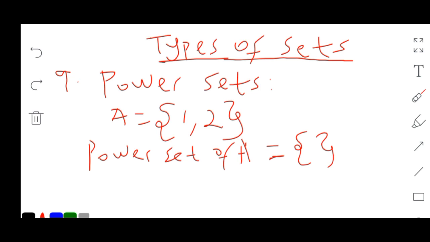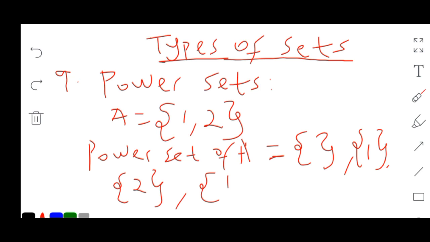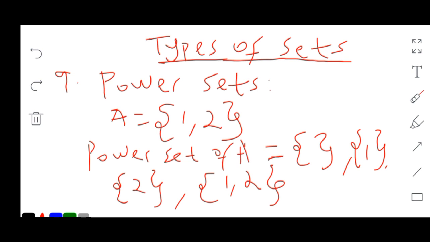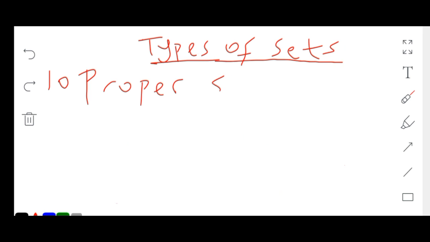That will be the empty set, comma, we also have 1, we have 2, and then we have 1, comma 2. So these are the power set. They are just the set of all subsets of a given set. Don't forget our subsets. The set of all the subsets of a given set is called the power set.